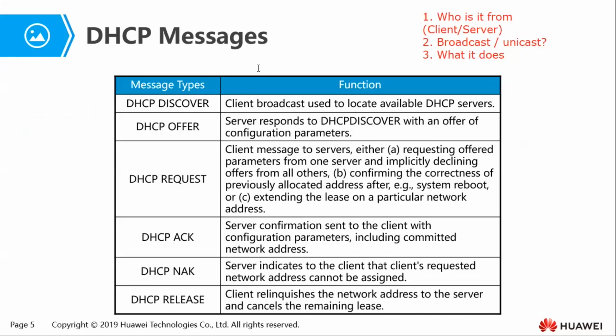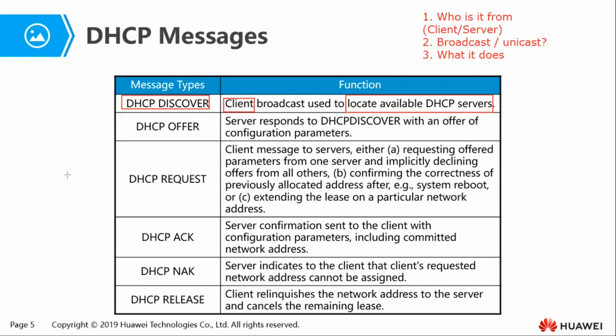So let's begin with the DHCP discover message. The DHCP discover message is a broadcast message sent by the client to locate the available DHCP servers in your network. In your network, you can have one or more DHCP servers, so that's why the discover is a broadcast.